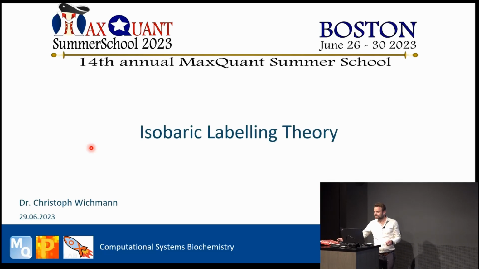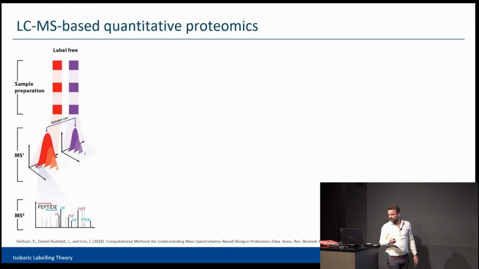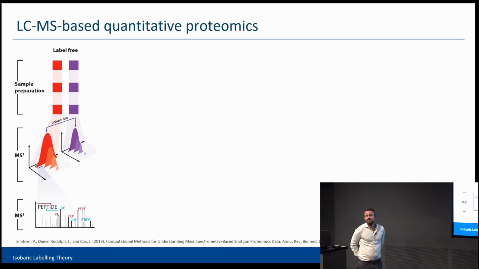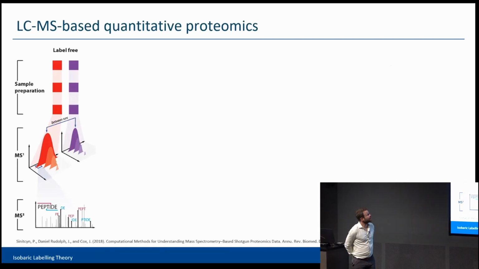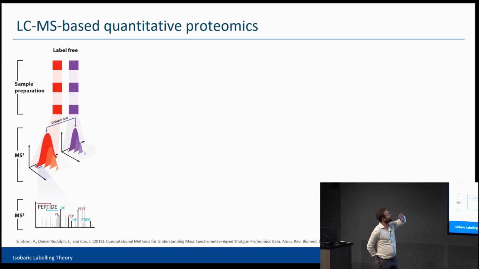Okay, let's start in the afternoon with a little bit of theory about isobaric labeling. You already learned a lot about label-free quantification from Carlo. Just to understand it again, we have two samples prepared independently.